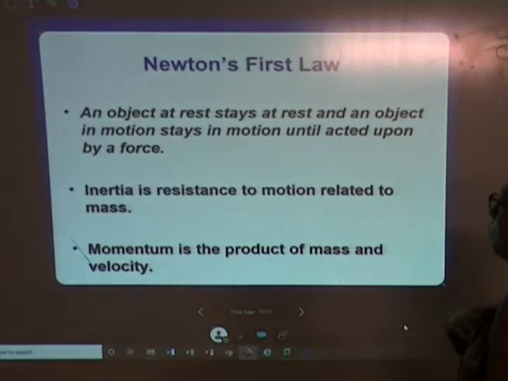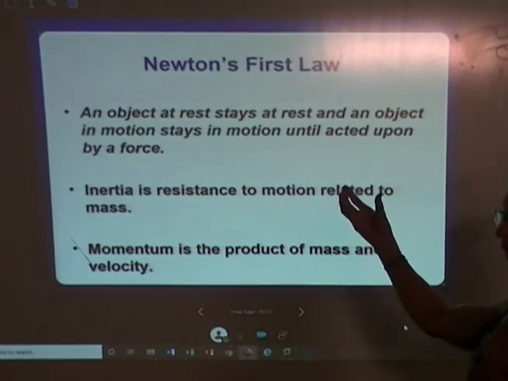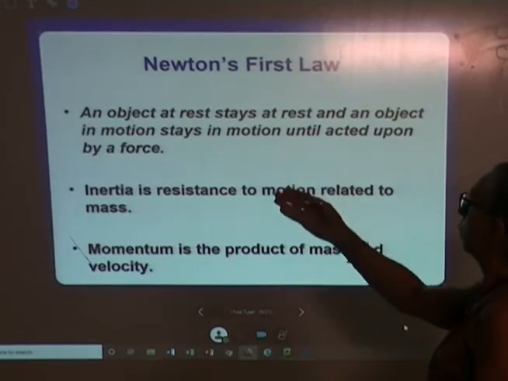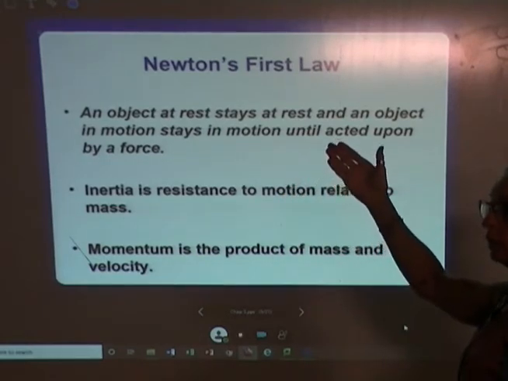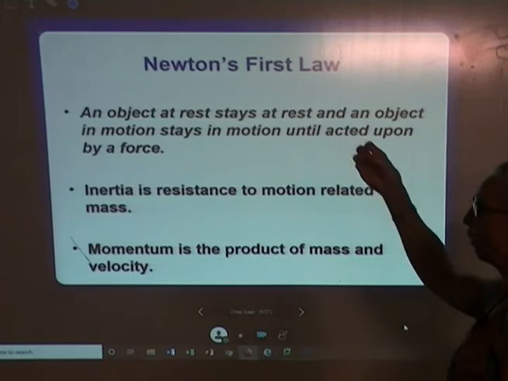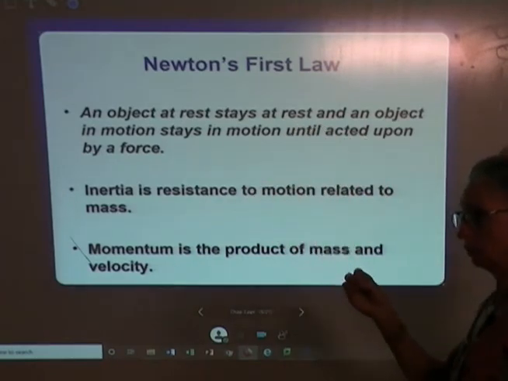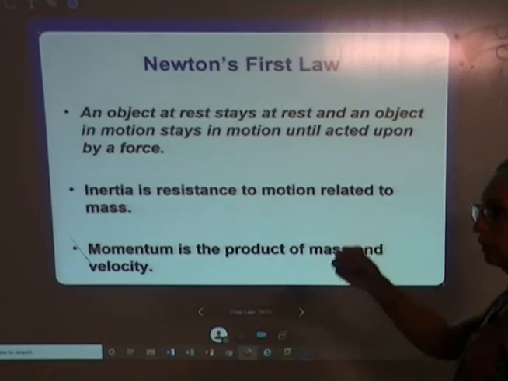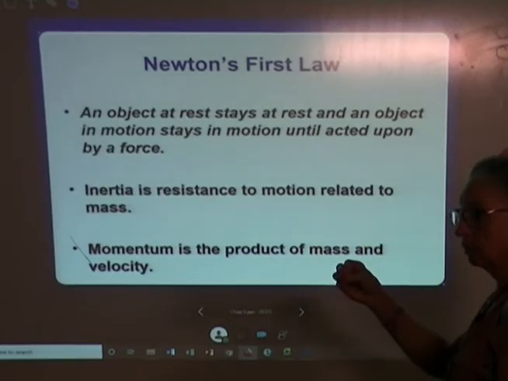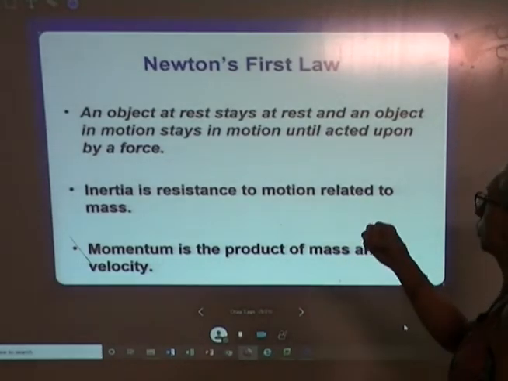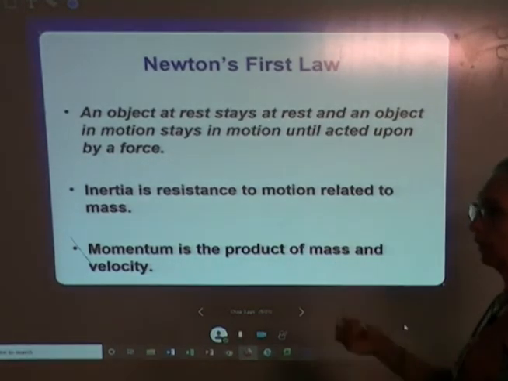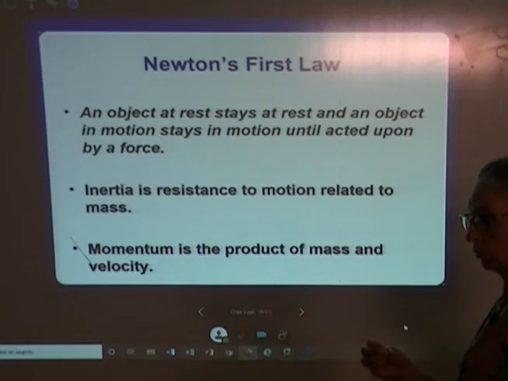So when we read that as movement people, we can, in some circumstances, take out object and put person, right? A person at rest stays at rest, and a person in motion stays in motion until acted upon by an external force. Okay?